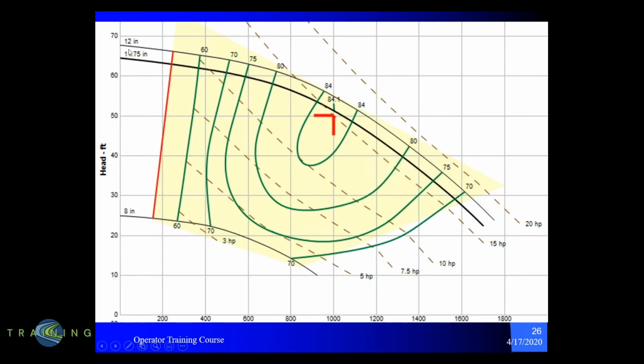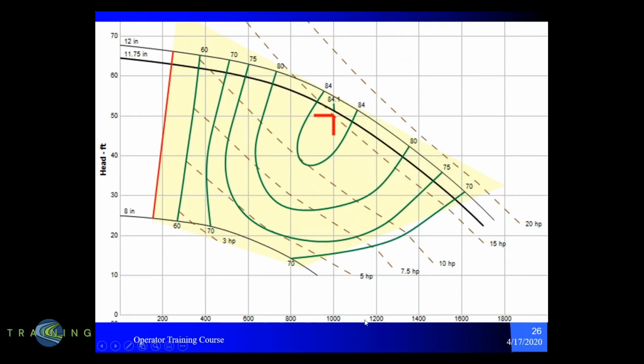First of all, if you can follow my cursor, the curve that goes along the top is called the performance curve. That performance curve is the only place that the pump can perform. When you get a pump, there's no way that it can perform anywhere except on the curve, depending on some of the information that we see in the system.